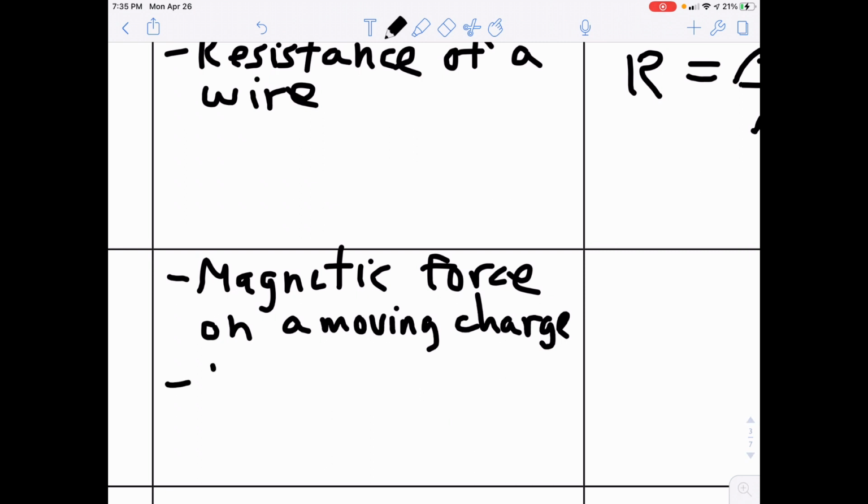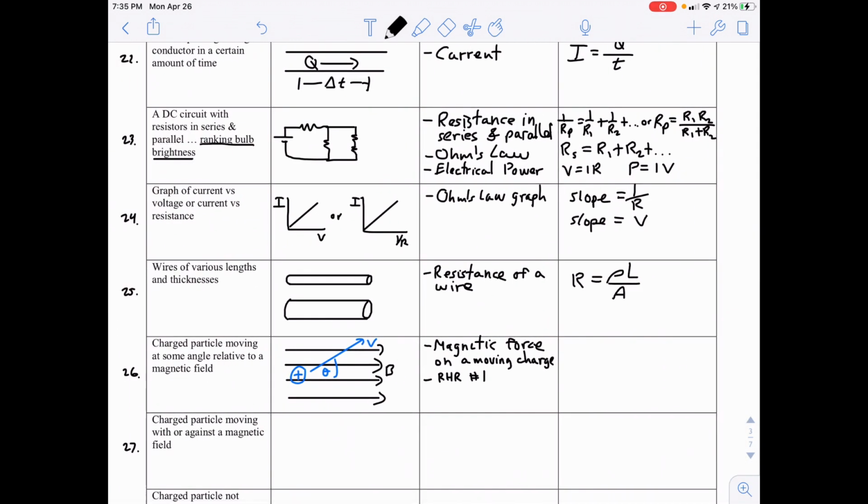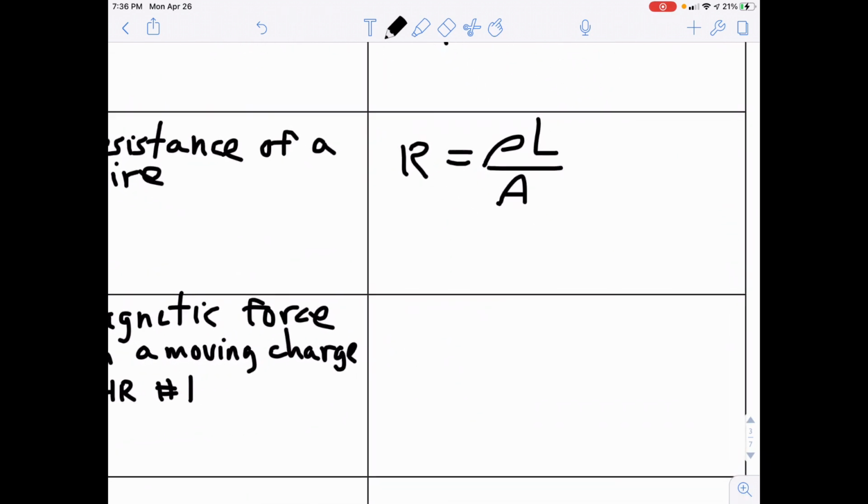But it's also right-hand rule number one. RHR stands for right-hand rule. Right-hand rule number one is the one where we place our fingers in the direction of field. The tip of our pencil either comes out of the palm of our hand for positive charges or out of the knuckles of your hand for negative charges, and the thumb goes in the direction of the velocity or the motion. And the equation we need for this is F equals QVB sine theta.